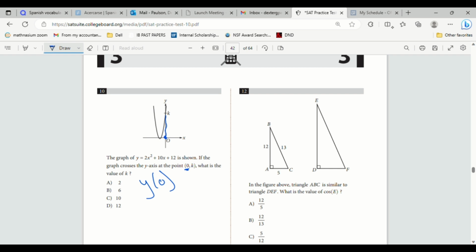So k will equal 2 times 0 squared plus 10 times 0 plus 12. 0 squared is 0 times 2 is 0, plus 10 times 0, which is 0, plus 12, so all that equals 12, so 10 is D.